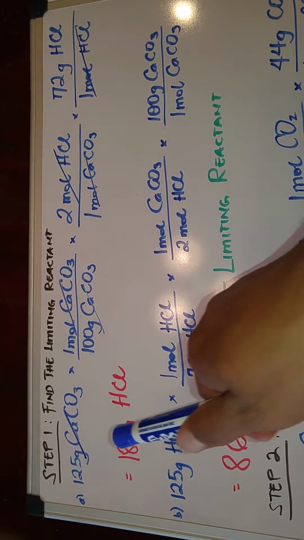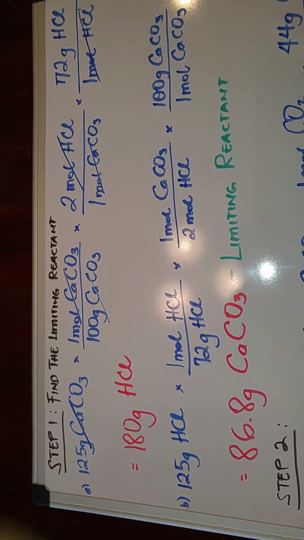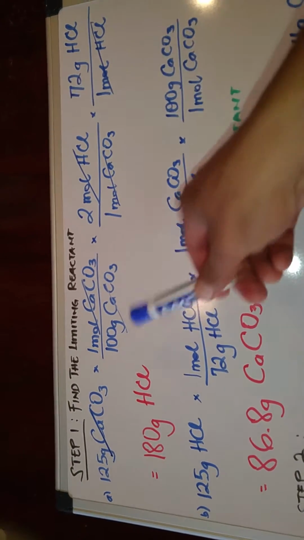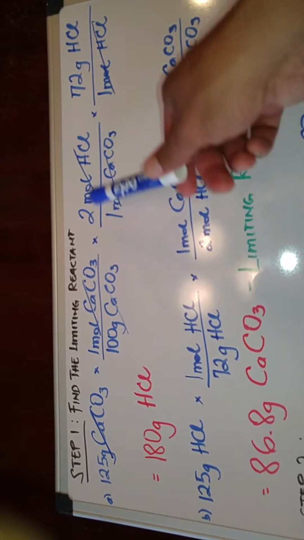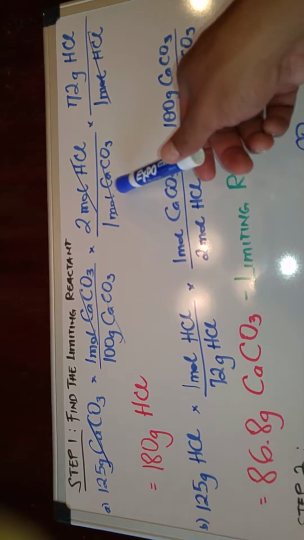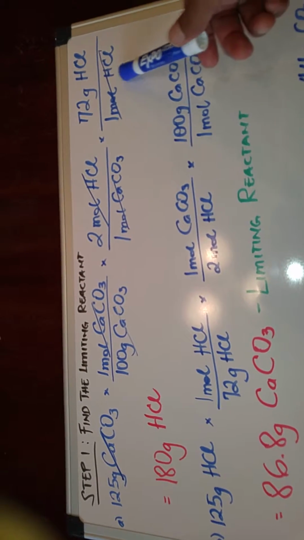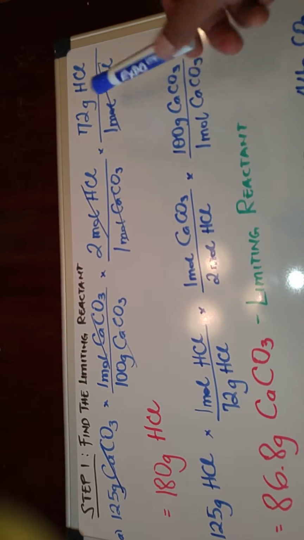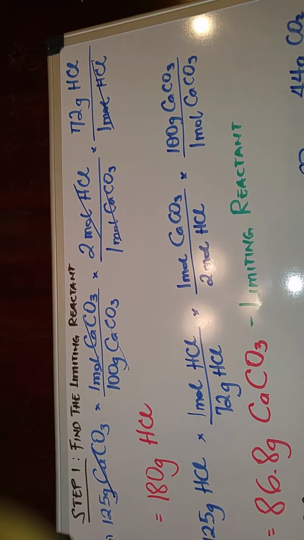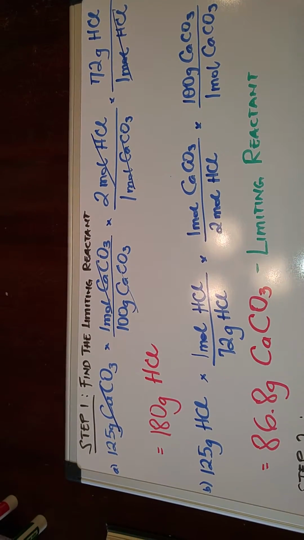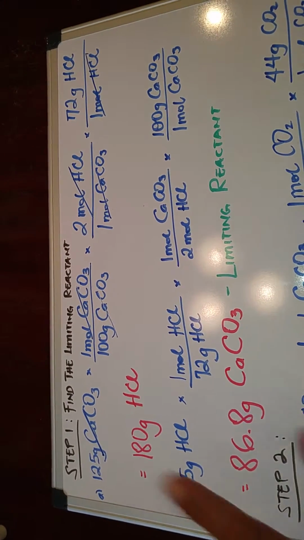So using what was given, 125 grams of calcium carbonate, I converted it into moles, and it reacts with 2 moles of hydrochloric acid, with 1 mole of calcium carbonate and the molecular weight of hydrochloric acid, to produce 180 grams of hydrochloric acid. So that's the first reactant.